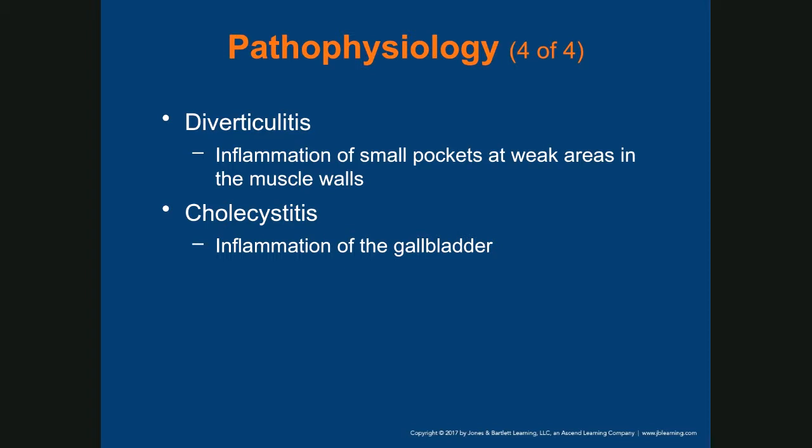All right, diverticulitis. So this is inflammation of small pockets at weak areas in the muscle walls, usually of the large intestine. So a diverticulum is a weak area in the wall of the intestine, right? When we have multiple weak areas or pockets, it is referred to as diverticulosis.